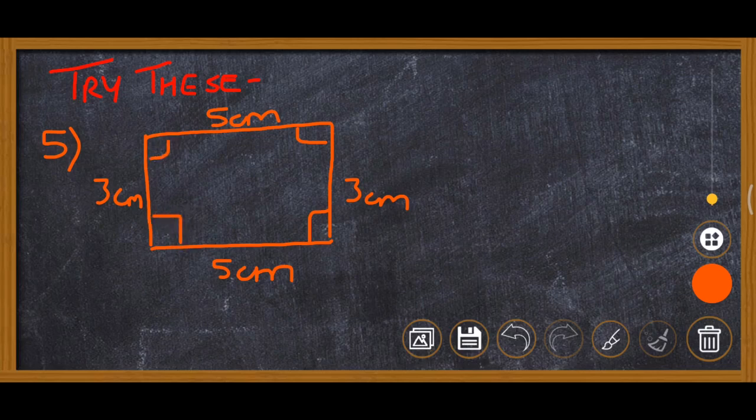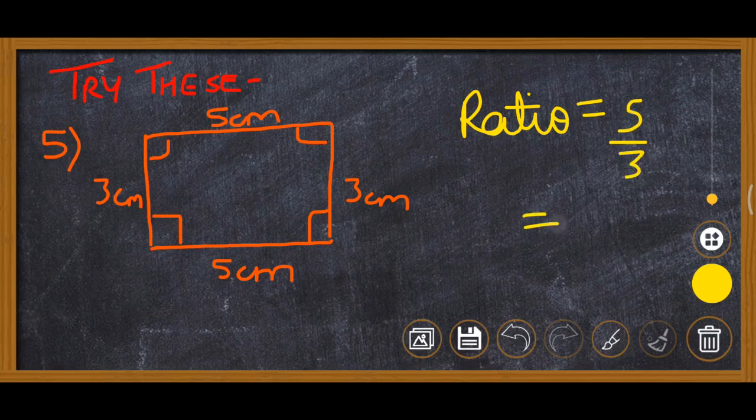So in this way this will be a rectangle. So the ratio will be the ratio of length to breadth. So length is 5 and breadth is 3. That's why the ratio is 5:3.